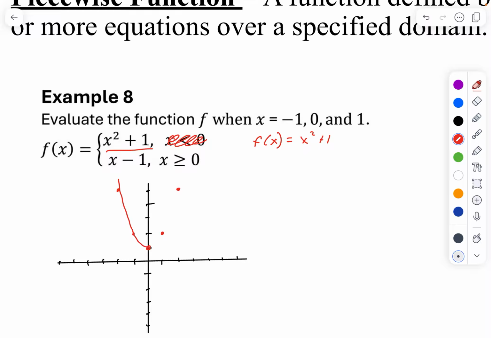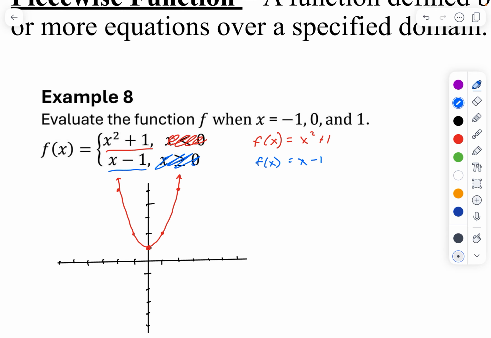So here in this particular case, let me get rid of some of these. In this particular case, first thing that we're supposed to do is evaluate the function when x equals -1. So what that really means, let me drag this over, is that we are supposed to figure out what is f of -1.